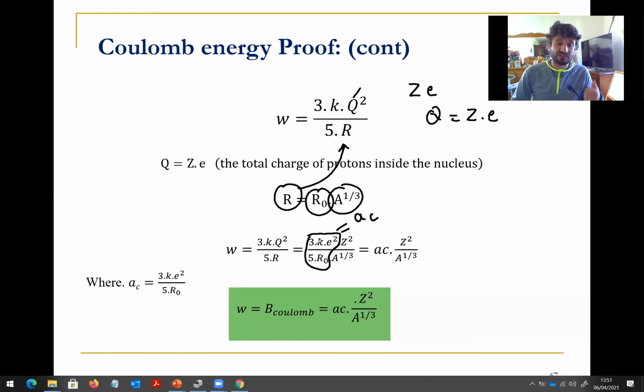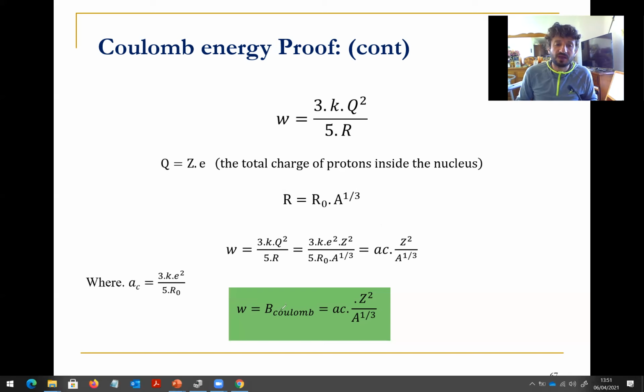You know k is a constant value, e is a constant value, and R0 is a constant value. So we can say we have A Coulomb, a constant coefficient of the Coulomb term, equals AC. We can write finally ω equals B Coulomb times AC times Z square divided by A power 1 over 3.